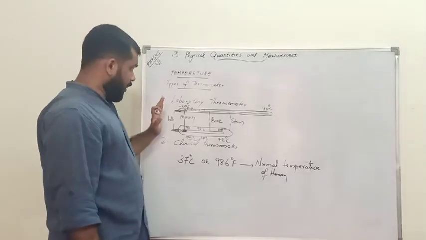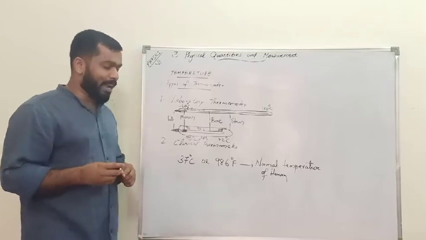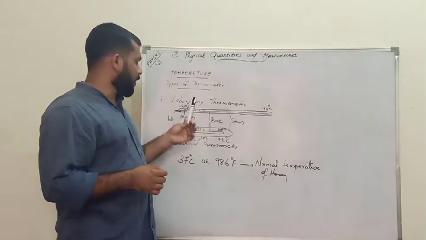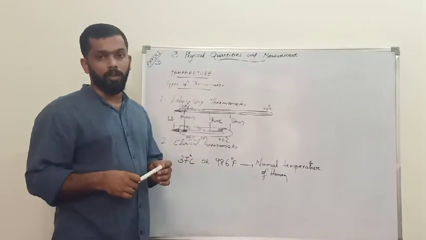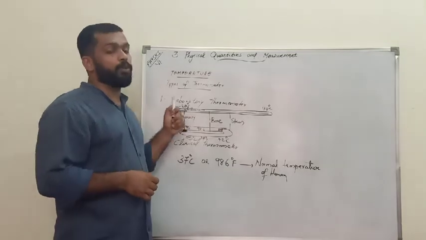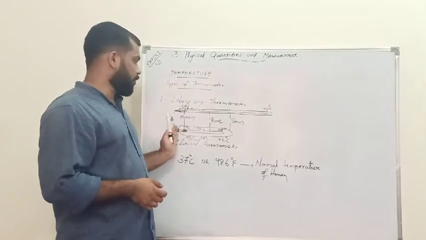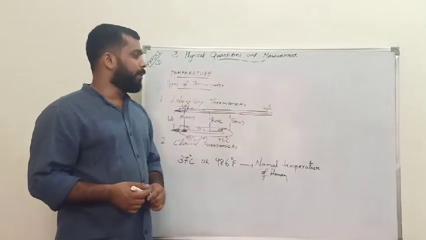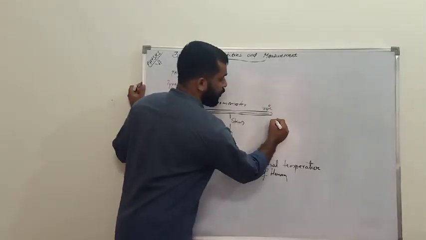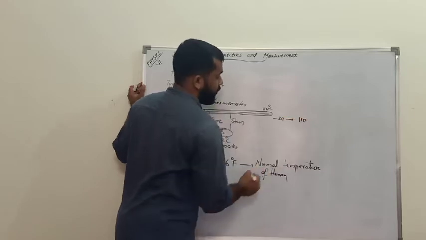The laboratory thermometer is mainly used for laboratory or scientific purposes. The main difference between laboratory and clinical thermometers is that in the laboratory thermometer the lower point is taken as minus 20 degrees Celsius, not 0, and the upper limit is 110.